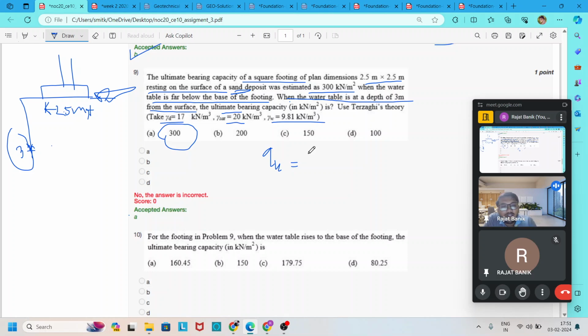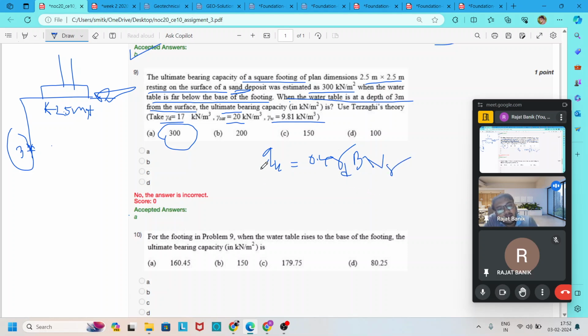So c is equal to 0, so the 1.3 c Nc part is 0. The remaining part is q Nq plus 0.4 B gamma N gamma. But again, the foundation is resting on the ground surface, so q Nq is 0. So the remaining part is 0.4 gamma B N gamma. Here gamma is the dry density.